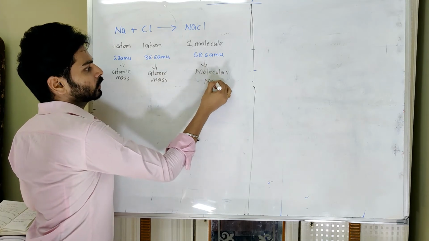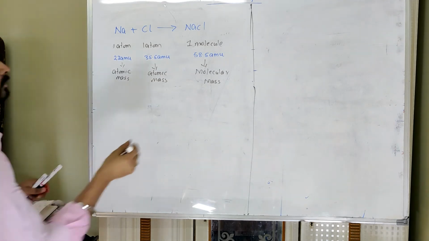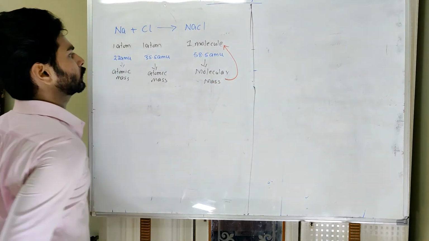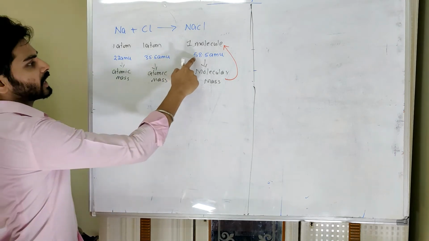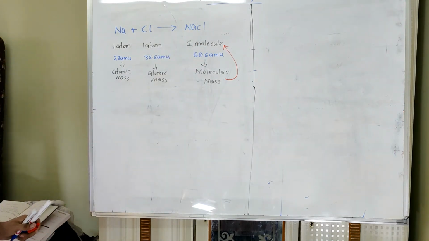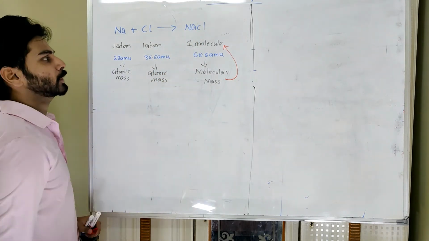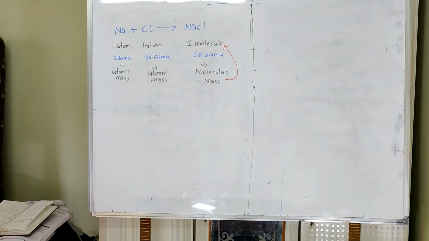Molecular mass is the mass of one molecule, and that is the sum of atomic masses of the combining atoms. So here sodium 23 and chlorine 35.5, collectively it is 58.5 AMU. It is the molecular mass of one molecule.